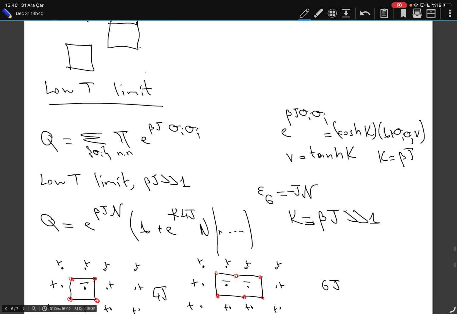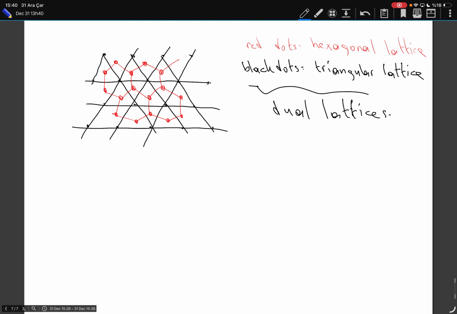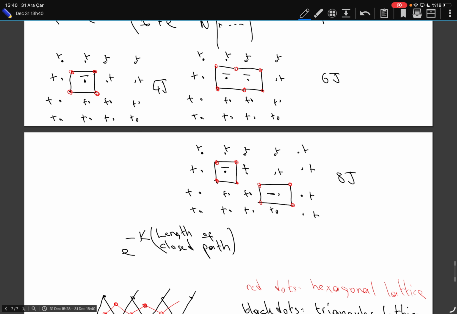But that basically tells me that Q calculated at temperature T of one lattice is in fact equal to the Q of the dual lattice at the dual temperature. Well, what is the dual temperature?